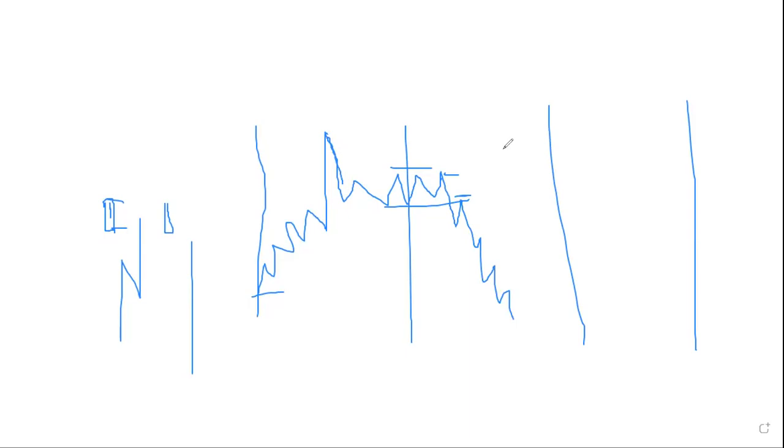bearish. Let me clear this. So the same thing for the bearish market. Let's assume the market is coming down, coming down, coming down. Then all of a sudden you will see the market move with a huge candle.